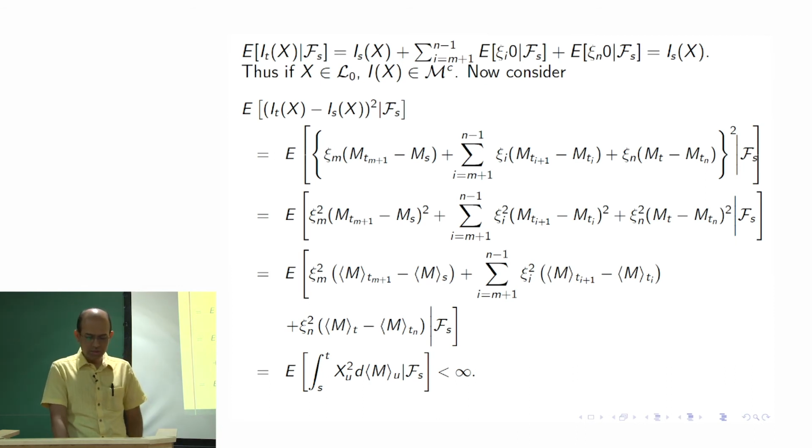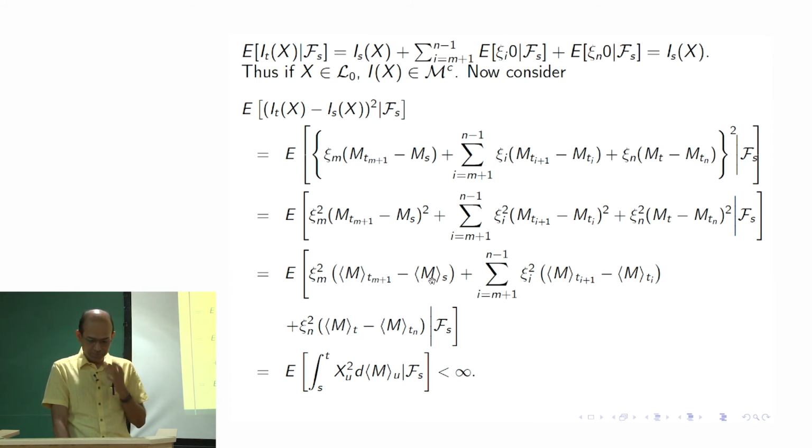We are not doing it directly, because you first have to condition at time t_m. Then the conditional expectation of the square of this difference is the same as the expectation of the martingale which comes from the Doob-Meyer decomposition, that would be 0, plus the difference of the quadratic variation.